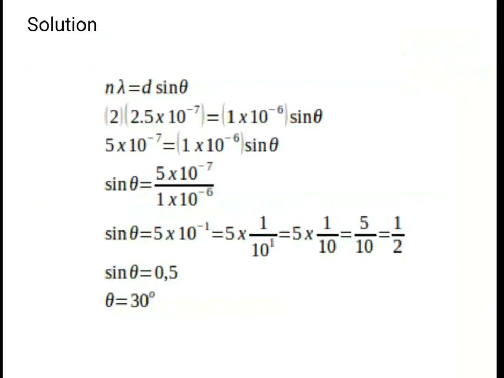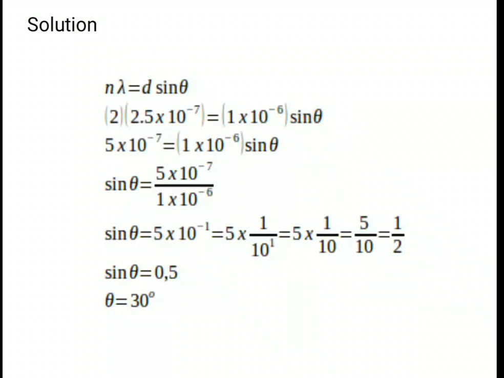we have to use the formula, the condition d sin theta is equal to n lambda. In this case, we substitute n value 2, lambda value 2.5 into 10 power minus 7, and the distance between two slits, that is 1 into 10 power minus 6, sin theta.